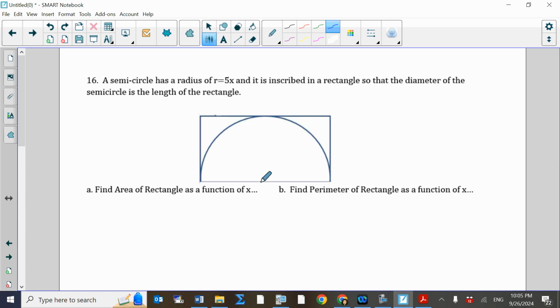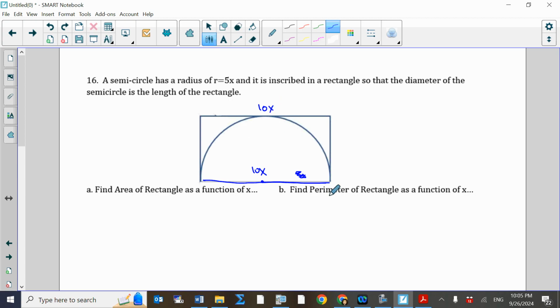If the radius is 5x, the diameter is 2 times 5x, so it's equal to 10x. So this whole line is 10x, which is the same as the length of the rectangle. So the length is 10x.